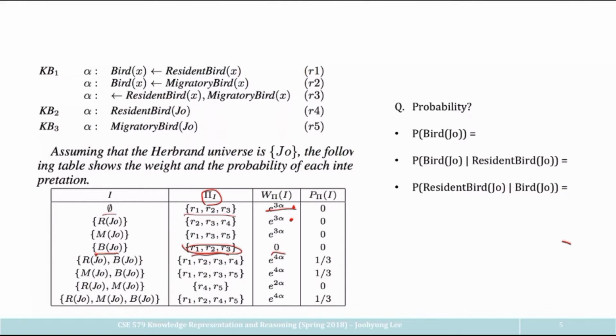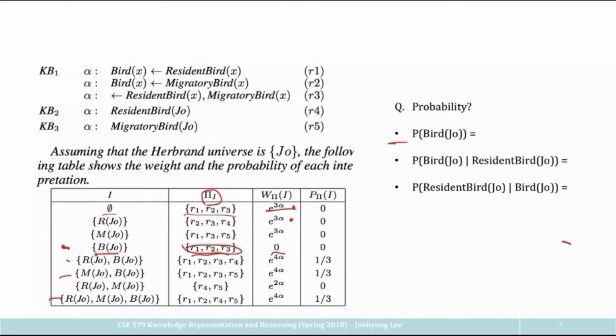Okay. And when you have probability questions, this is the same as the basic notion of probability. How do we know the probability that bird of Joe is true? You go through all the interpretations that satisfy the formula bird of Joe. For this query, bird of Joe is satisfied by these interpretations: 1, 2, actually 3, 4.